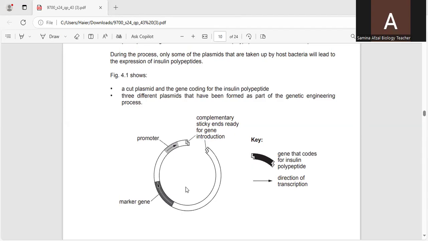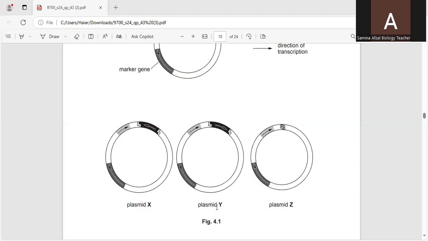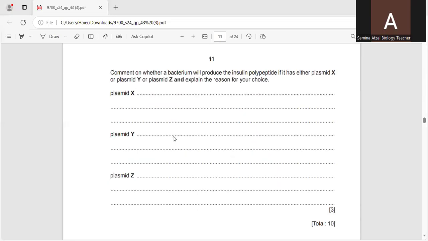Here this is given. Now they have given us plasmid X, plasmid Y, and plasmid Z. And the question is: comment on whether a bacterium will produce the insulin polypeptide if it has either plasmid X, plasmid Y or plasmid Z, and explain the reason for your choice.